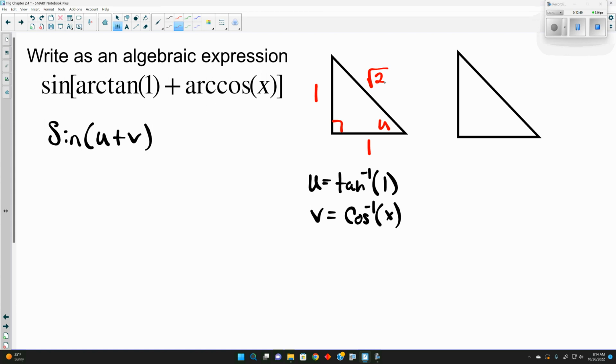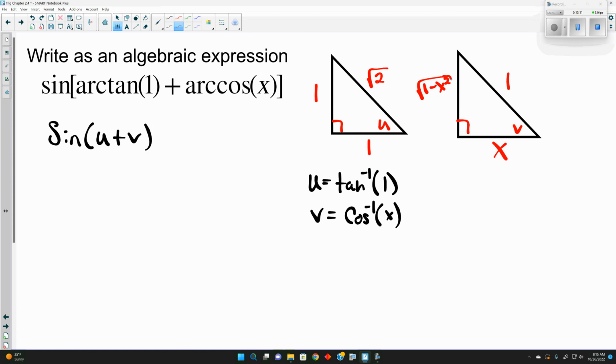And for v, cosine inverse is going to be adjacent over the hypotenuse. And as we already found, the other side is going to be the square root of 1 minus x squared.